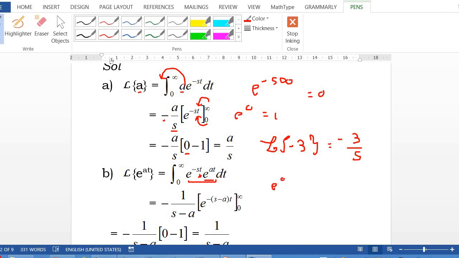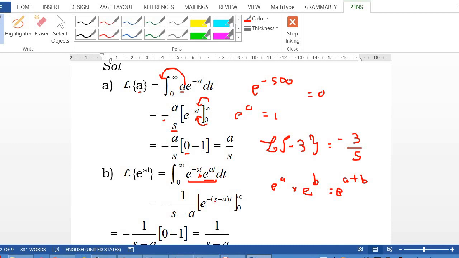Exponent a multiplied by exponent b is equal to exponent a plus b, hence you add up the indices here.